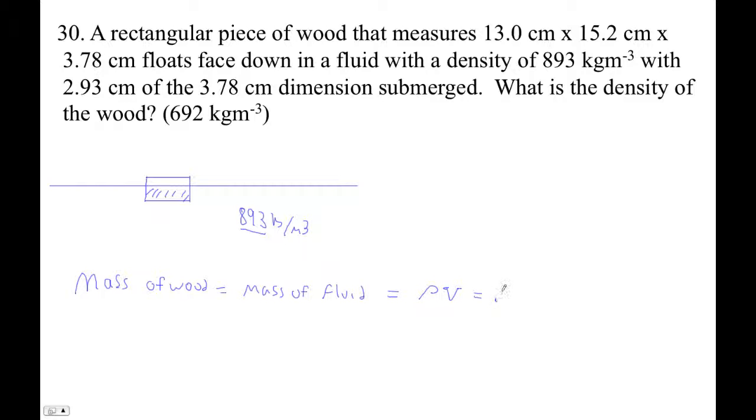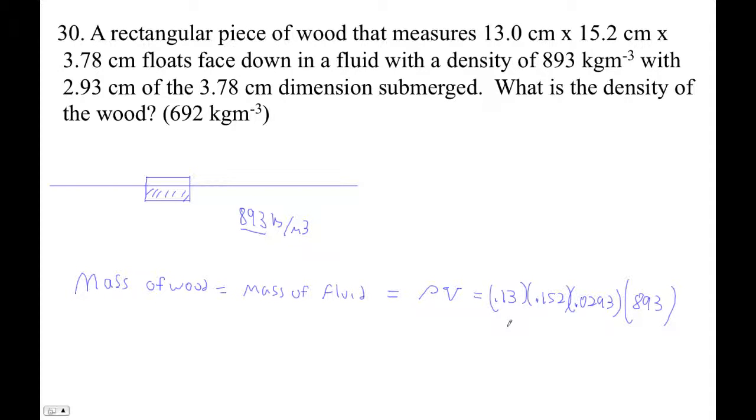That's 0.13 by 0.152, and now I want to use the volume displaced, so it's 0.0293, and then times the density of the fluid. So this is my volume, and I did volume times density, and that is 893. Ta-da.